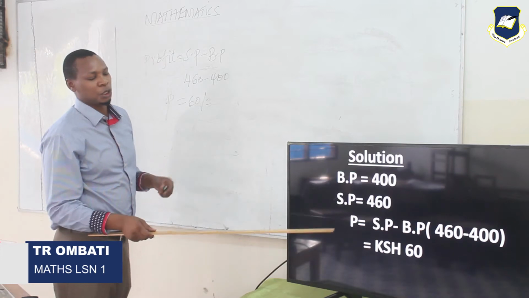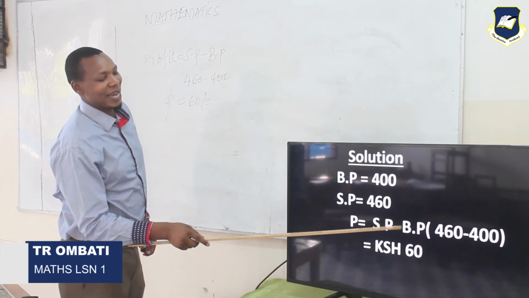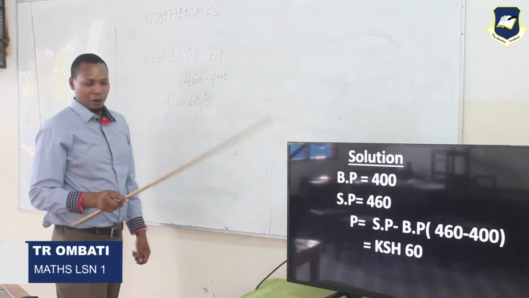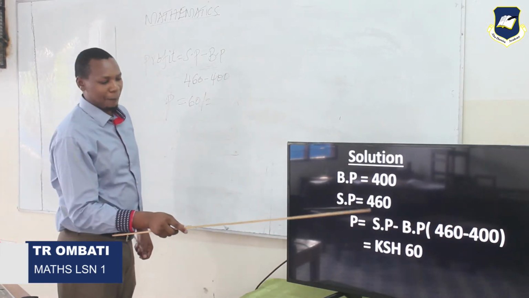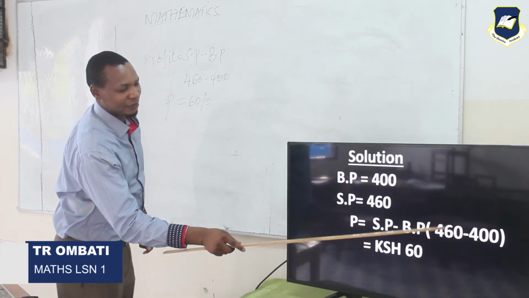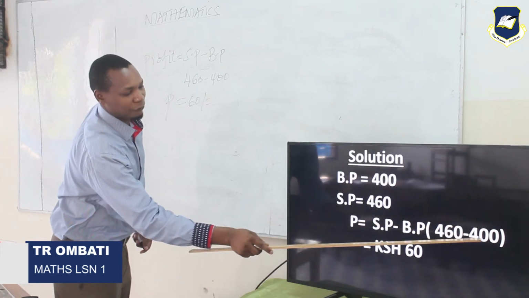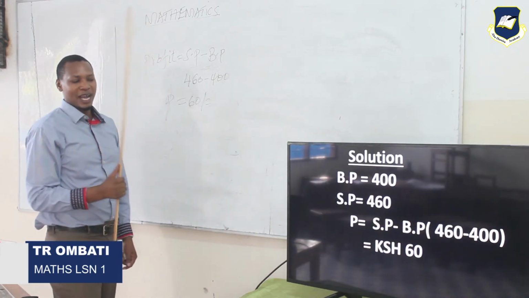These are class 6 questions. Profit is given as the selling price minus the buying price, which in our case was 460 minus 400. So what do you get?